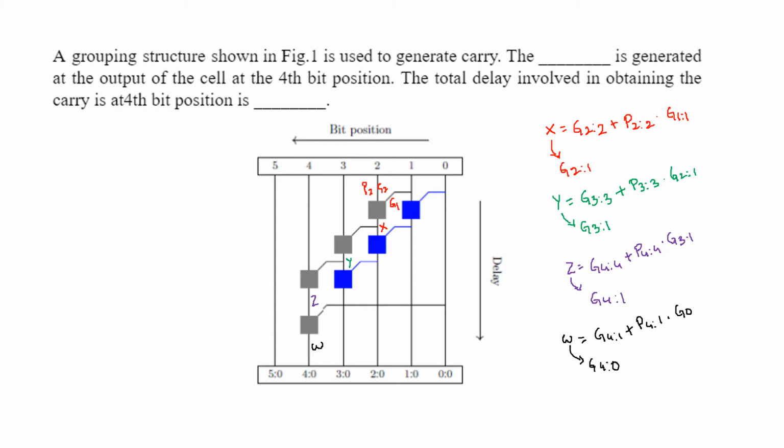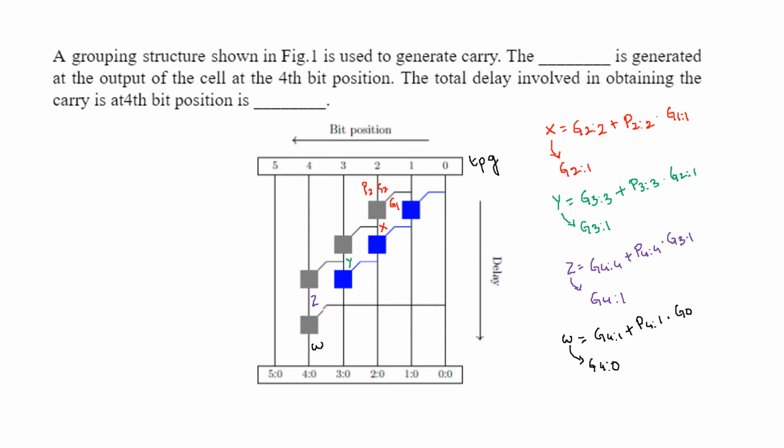And what is the total delay? So the total delay can be calculated as the delay for the calculation of the individual generate and propagate signals, that is bitwise generate and propagate signals. Let us call this as T of PG plus, so what forms the critical path here basically?